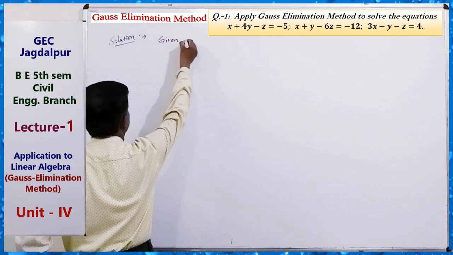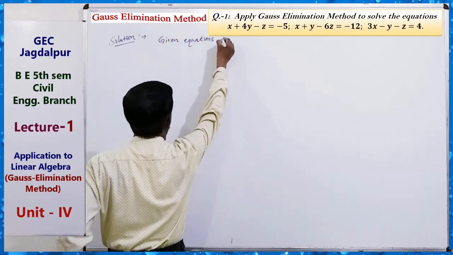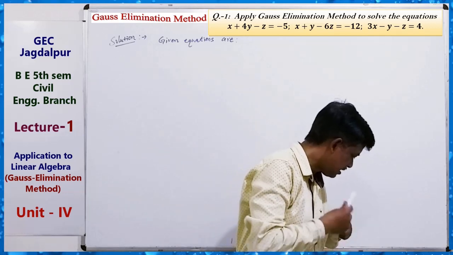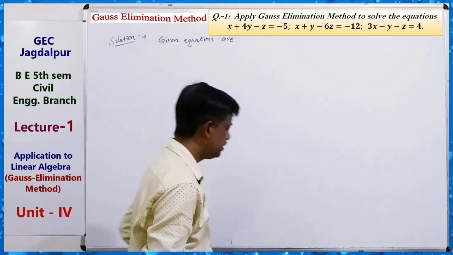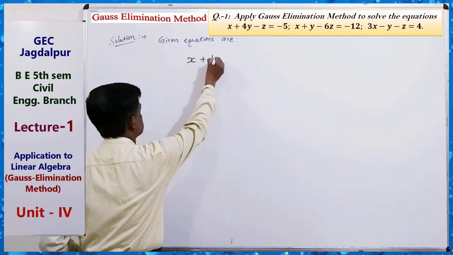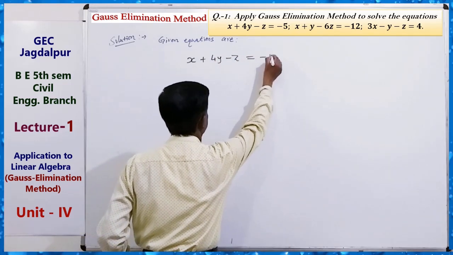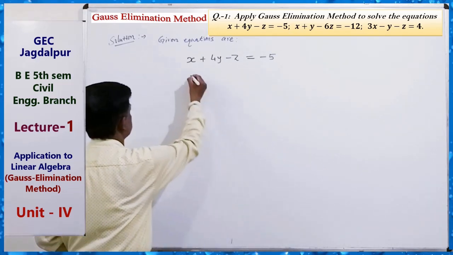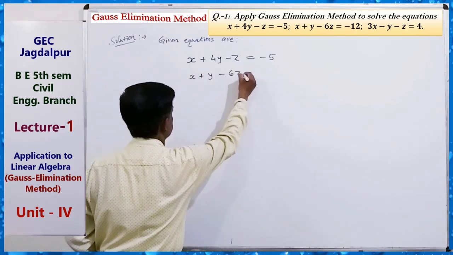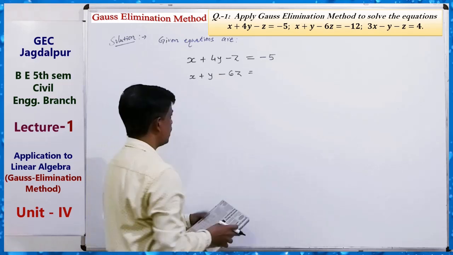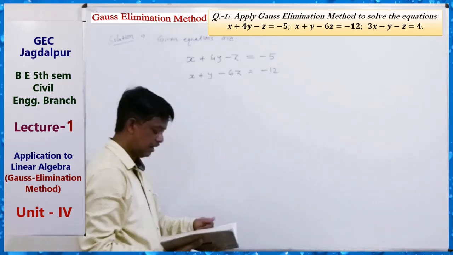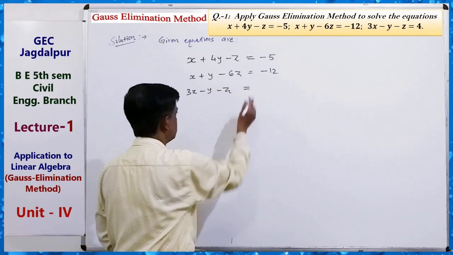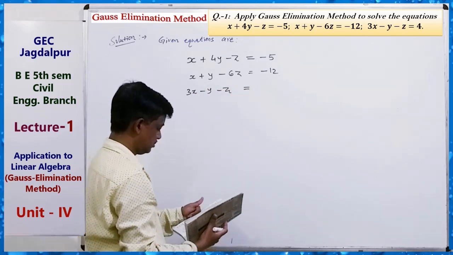Given equations are x plus 4y minus z equals minus 5, and x plus y minus 6z equals minus 12, and 3x minus y minus z equals 4.